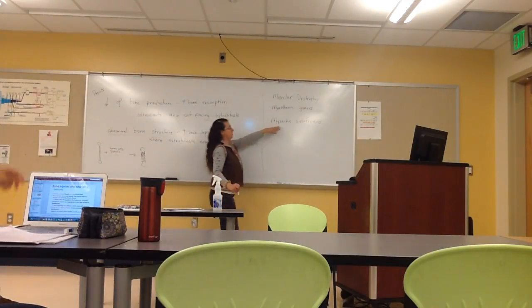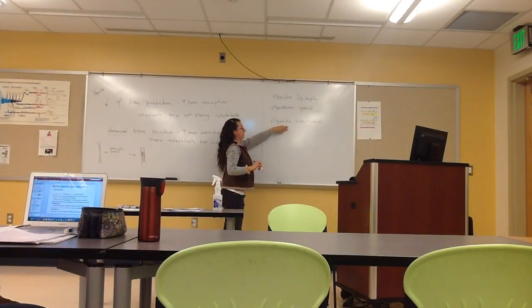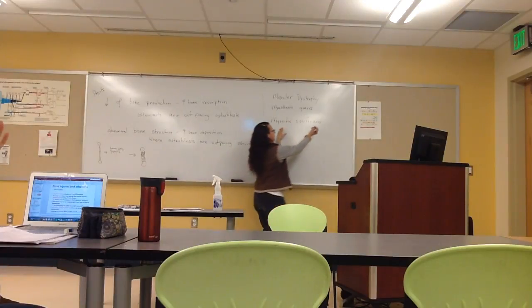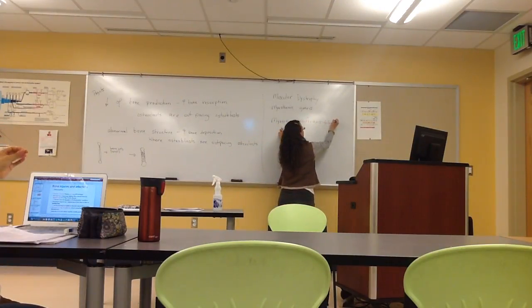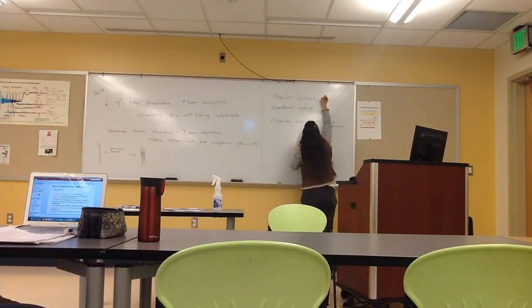So, in this one, the cell membrane of a muscle can get compromised. And when that happens, this one is from trauma.